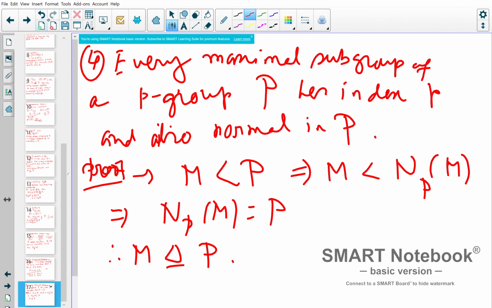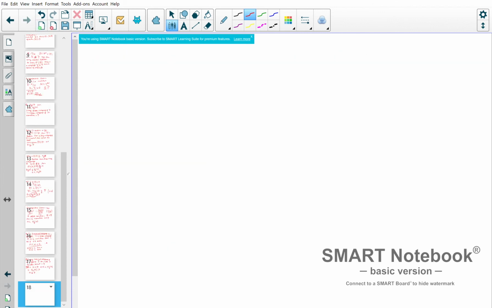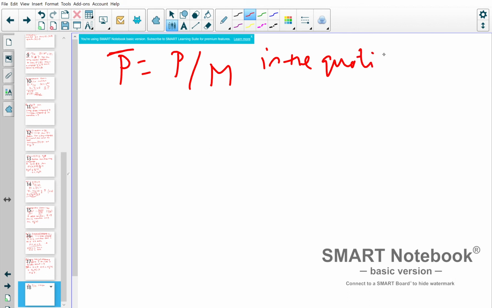Okay, so whenever you have a maximal subgroup, it becomes a normal subgroup, and then you can talk about the quotient group P mod M. Now the question is, what is the order of this quotient group?